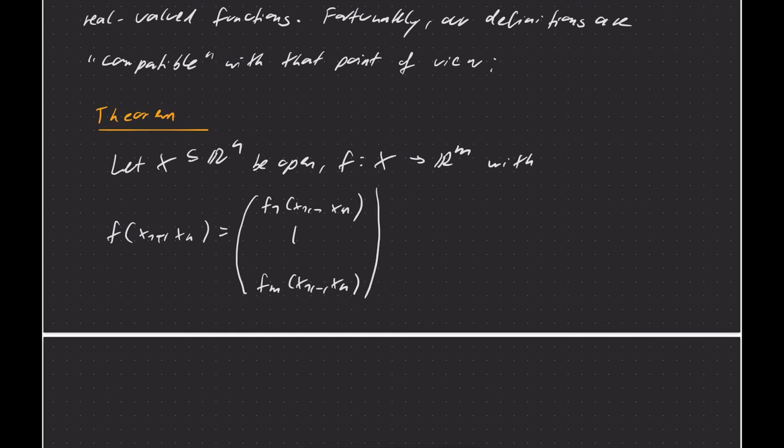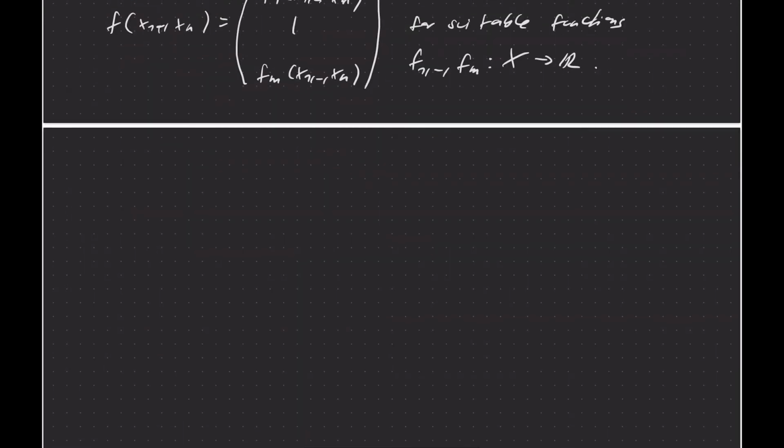So we have m distinct real valued functions, for suitable functions f1 to fm defined on X, mapping to R. And the function f is then differentiable at some point if all of those functions, and only if all of those functions, are differentiable at that point. And we can just get the Jacobian if we compute the differential for each of those functions and then put all of these together in a matrix.